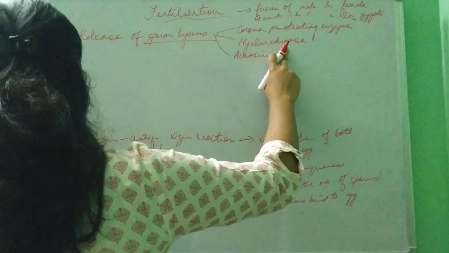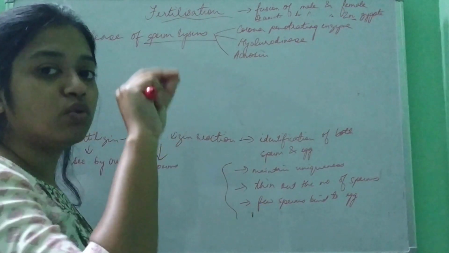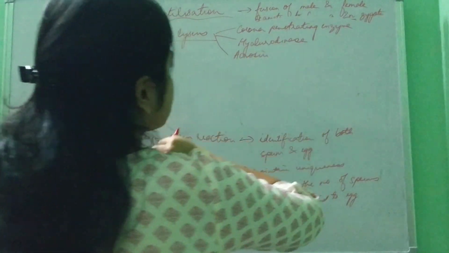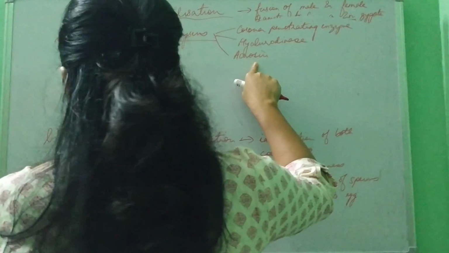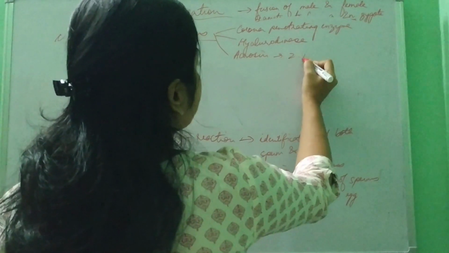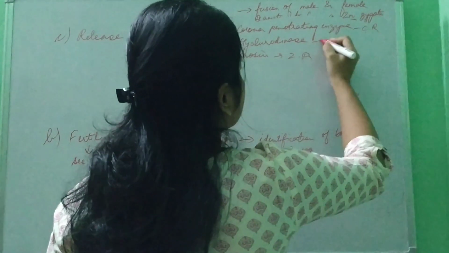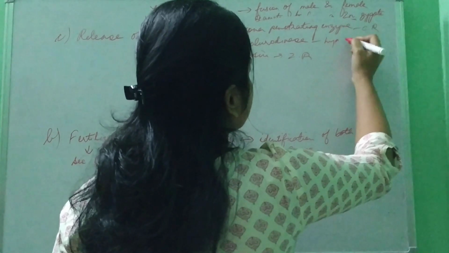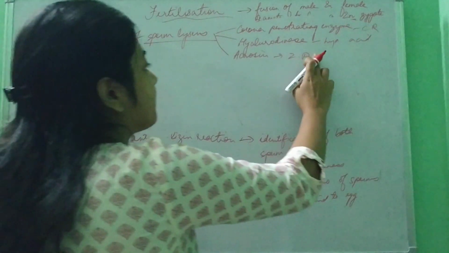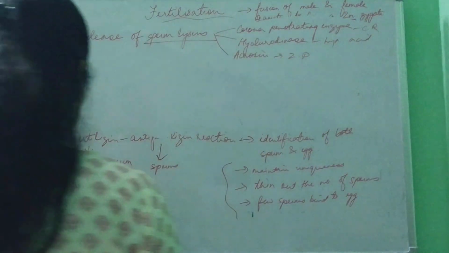Hyaluronidase will digest the hyaluronic acid, which is present as a glue in the cells surrounding the egg. So this hyaluronidase will digest those cells. Then acrosin will digest the zona pellucida. So the membranes are now gone, sperm is free to enter.